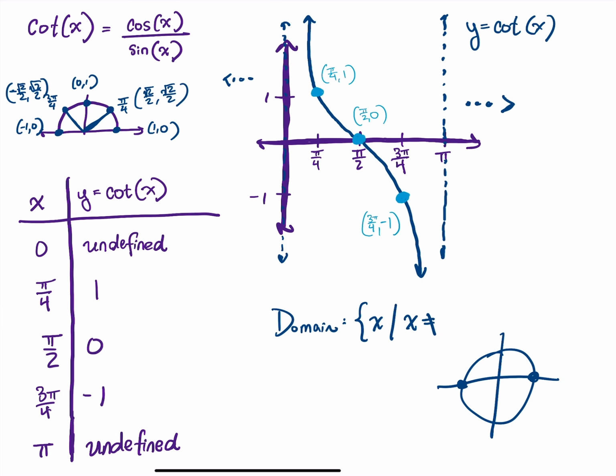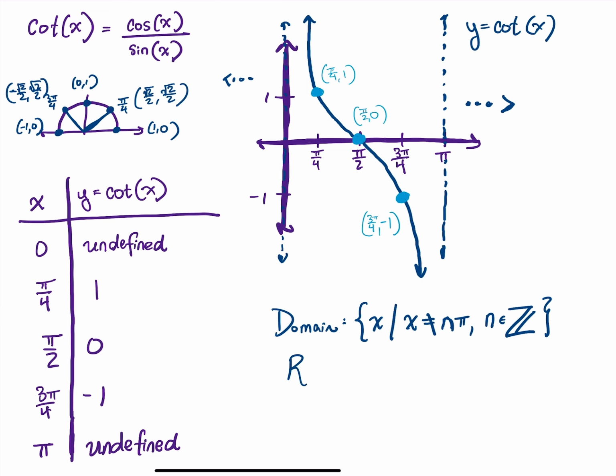So at 0, pi, 2 pi, then keep going, 3 pi, 4 pi, 5 pi, 6 pi. This time it's just multiples of pi. So this statement will be a little bit easier to describe. We can just say not equal to n times pi, where n is an element of the set of integers. So that will exclude all of those values.